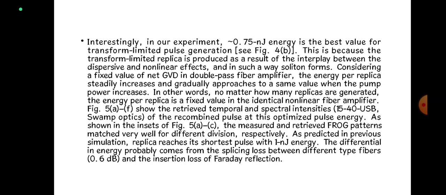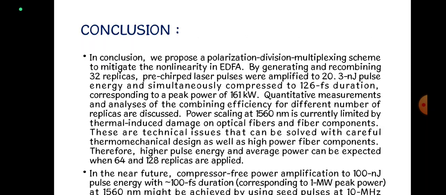The measured and retrieved FROG patterns matched very well for different divisions. As predicted in the previous simulation, each replica reaches its same pulse energy. The difference in energy probably comes from differences between different types of fibers and the insertion loss of the Faraday rotator.